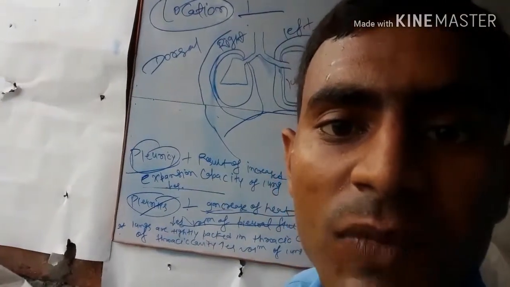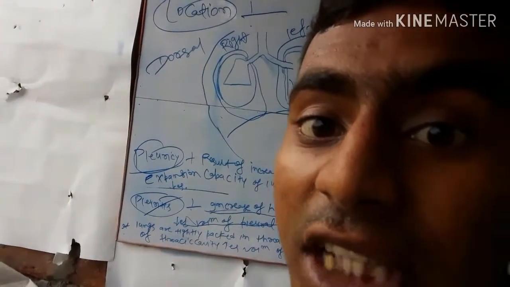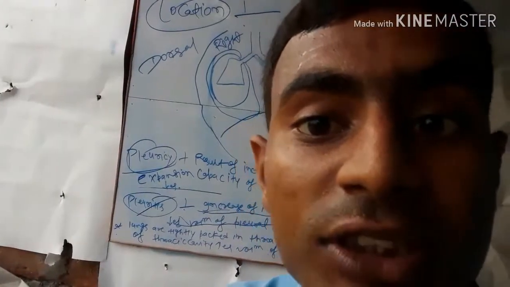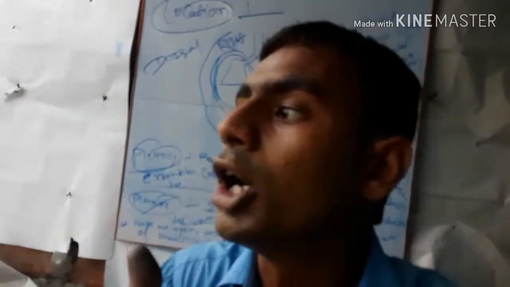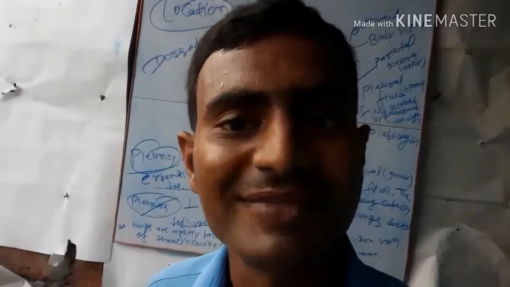Wait for the next class for the alveoli and the rib cage, which means the boundary of the thoracic cavity. Okay? Thank you.